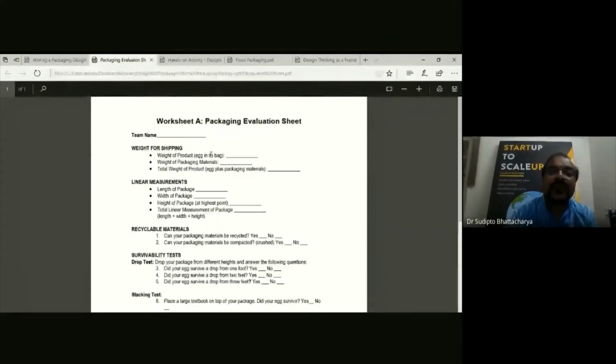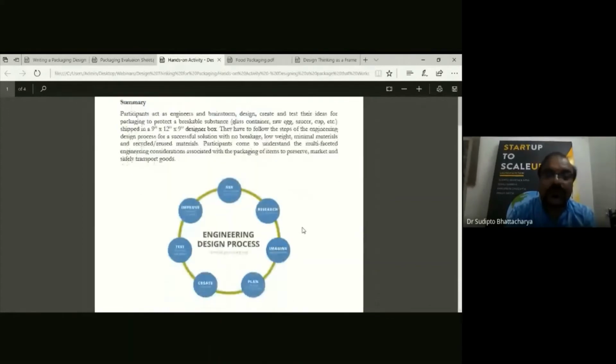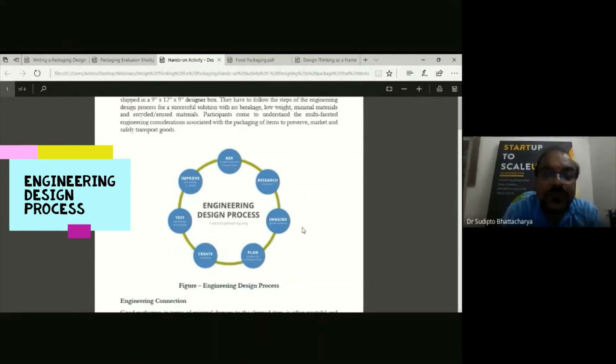Then I have given you a hands-on activity to do also. I'm not sure how many of you have done it, but it involves this engineering design process of asking the customer, researching what is existing, imagining the creative process, then planning out, then going to create this along with whatever resources are available for you, testing it, like a prototype has to be tested, and at times these are destructive testing, and improving on the test results.